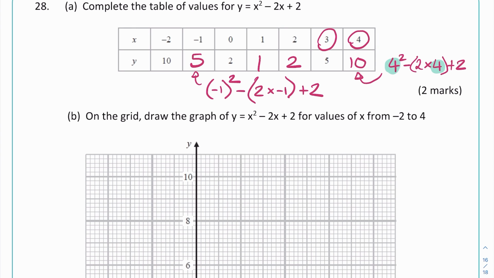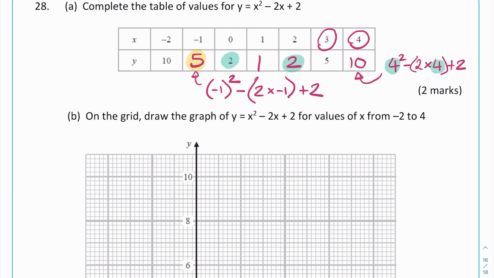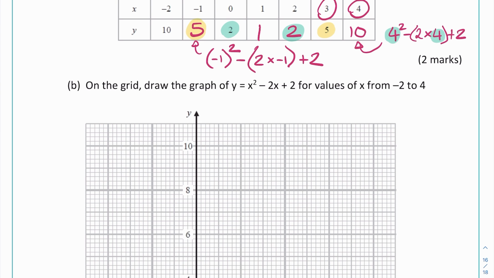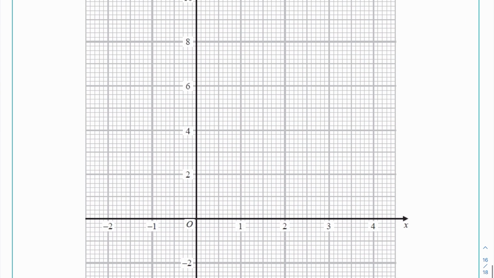You can already see as well there is a bit of a pattern, so there's 2 and 2 either side of 1, and then as well as that you've got 5 and 5, and then you can see 10 and 10. So there is a bit of a pattern as you're going through it, so you can kind of get away with not doing those negatives. But plotting the points here, we've got negative 2 that needs to be plotted on 10, and that's just there.